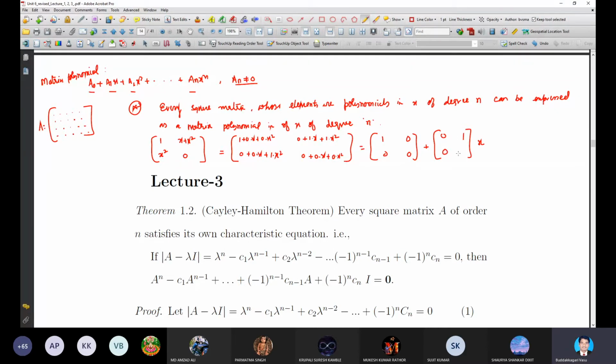So this is the matrix polynomial of the form A equals A0 plus A1x plus A2 x square. If the given matrix has elements that are polynomials of degree n, then that matrix can be expressed as a matrix polynomial.